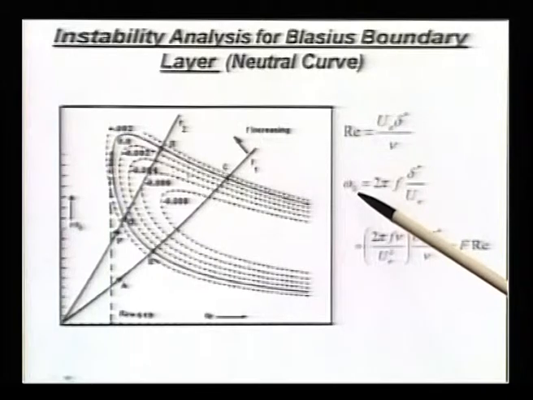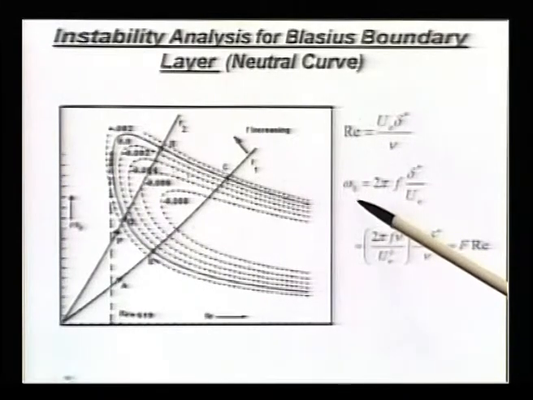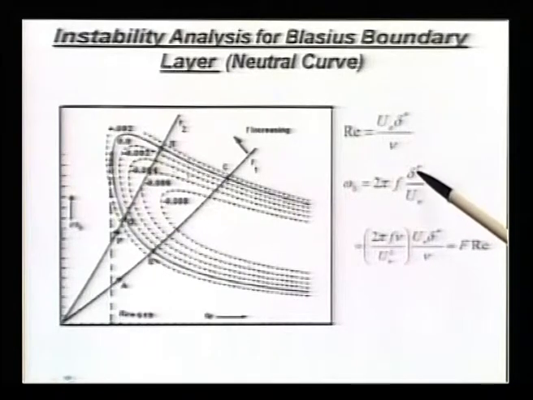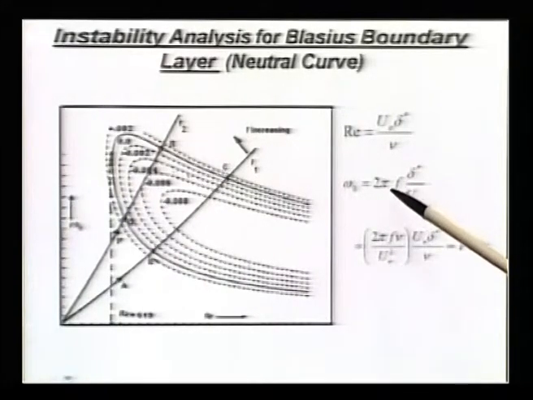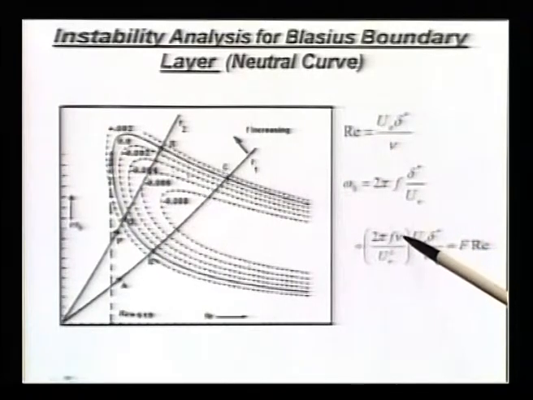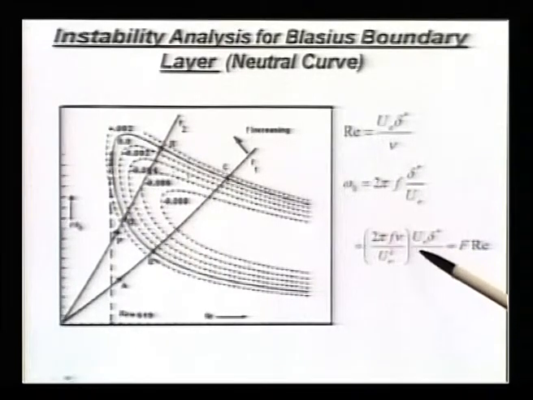Omega naught is a circular frequency that we can relate to the frequency in hertz by multiplying by 2 pi, and we non-dimensionalize it by multiplying it by a time scale, which is the length scale divided by the velocity scale. So, this is our omega naught, 2 pi f times delta star by u e. What we have done here is reorganize it. We multiplied this 2 pi f with nu and divided by u e square, so that we have a u e upstairs and delta star is as it is there, and we have multiplied by nu, we divided by nu.